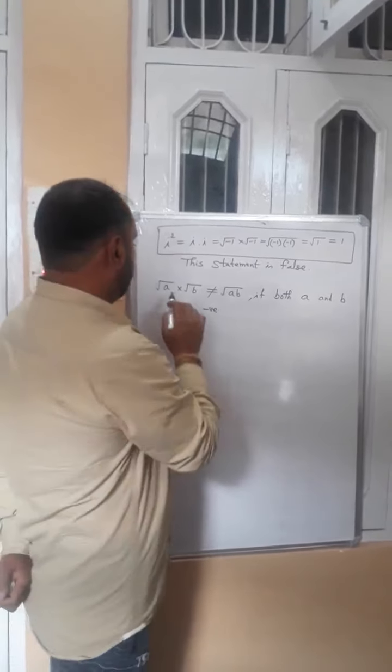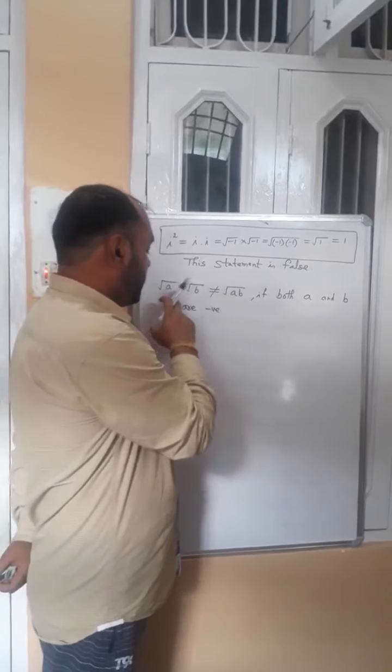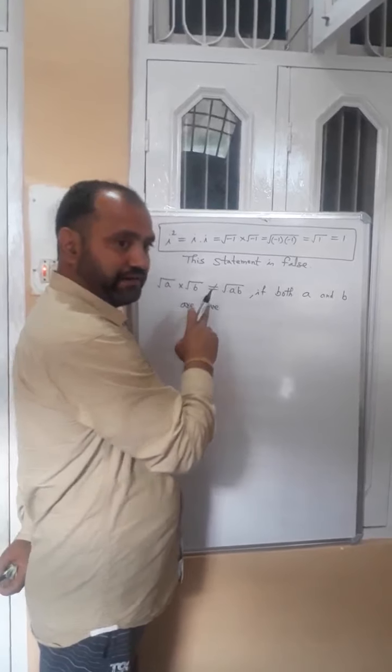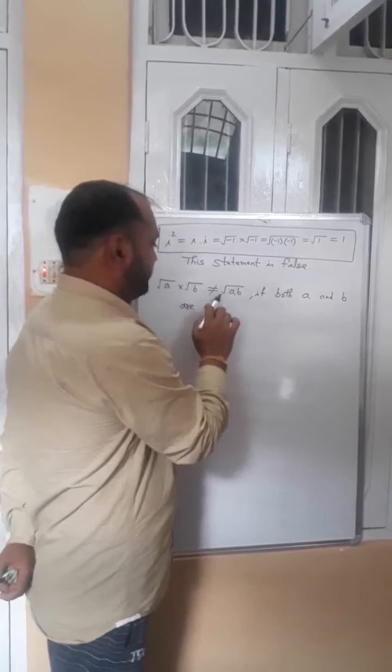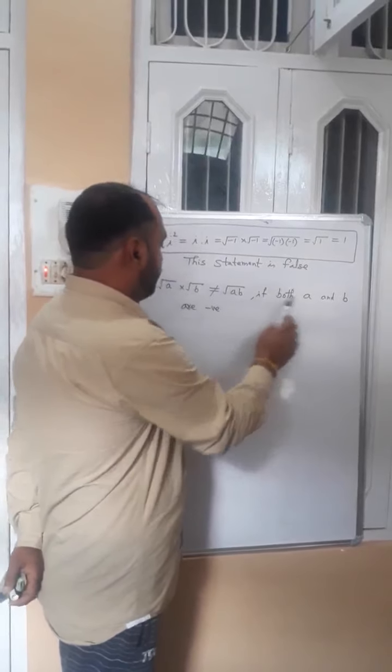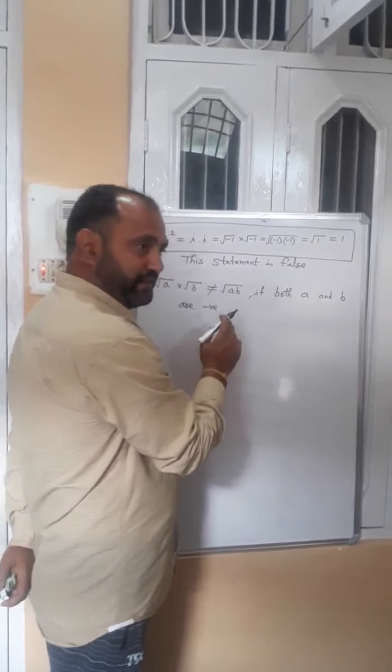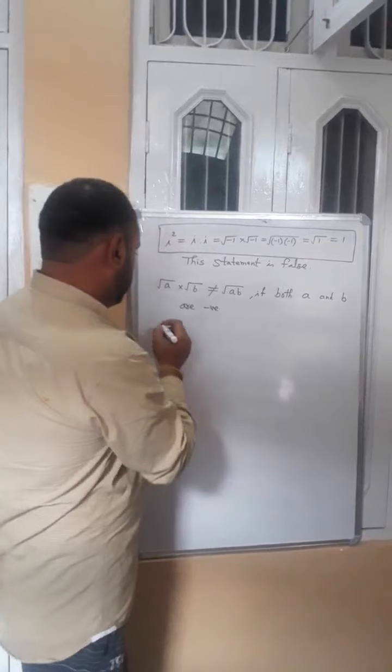So you have to remember that these two numbers never give square root of ab, because a and b both are negative real numbers.